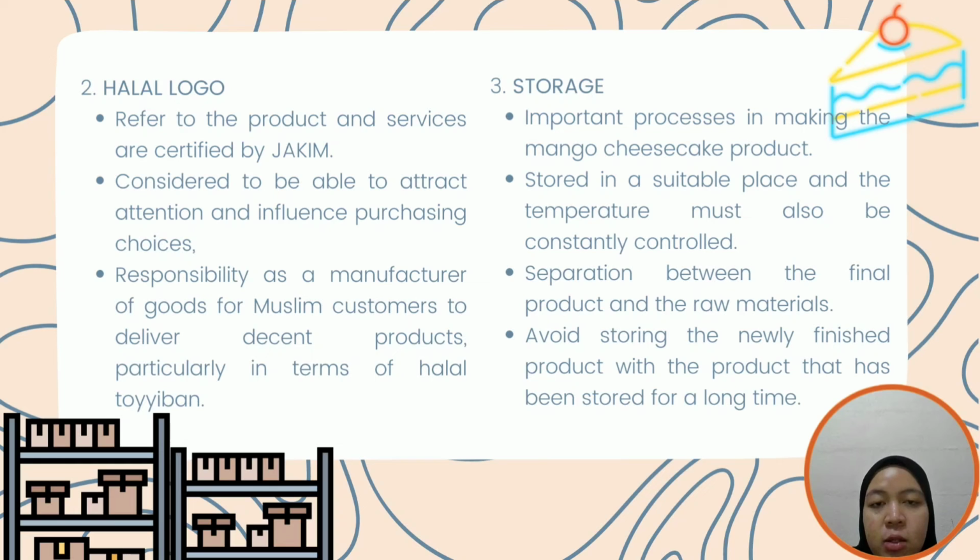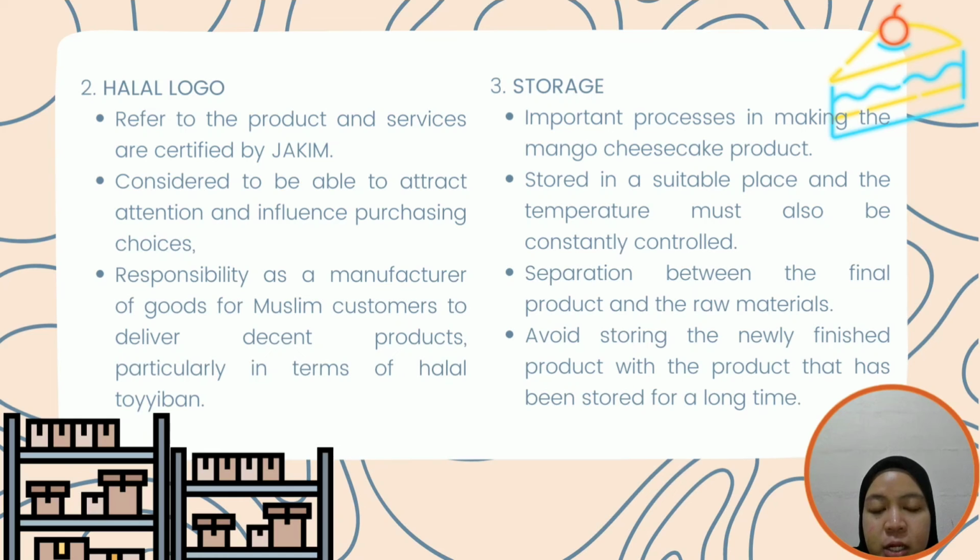Cross-contamination can occur if there is no separation between the final product and the raw material. This can happen as a result of bacterial reproduction and eventually cause damage. This matter will raise the issue of shubha if we still use the damaged materials, and can be haram if it causes harm to the buyer.